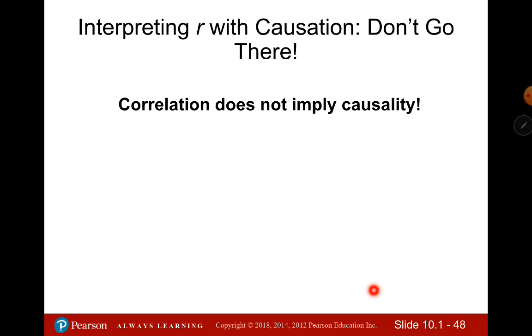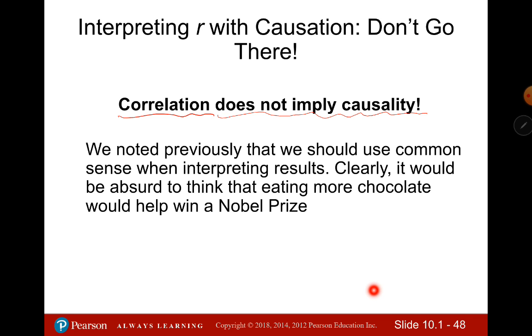So here we will have a common mistake. The correlation just tells you there is a linear correlation between two variables. But correlation does not imply causality, right? It's not necessary to be the cause-effect relationship. It's just the linear relationship. Just like this example, the variable X says the chocolate consuming, but the Y variable says the Nobel Prize.